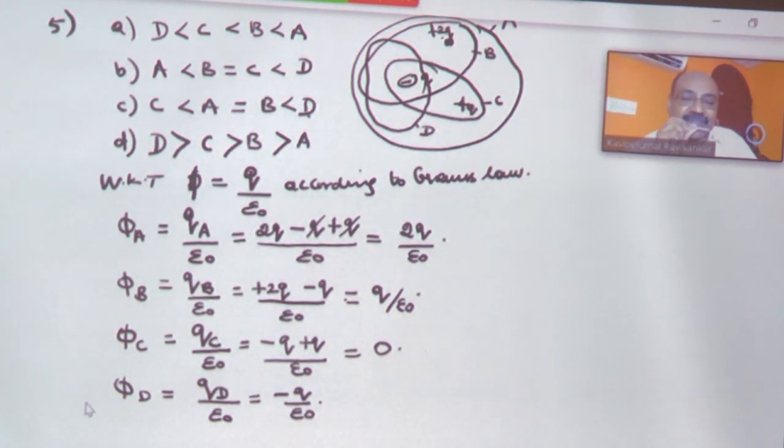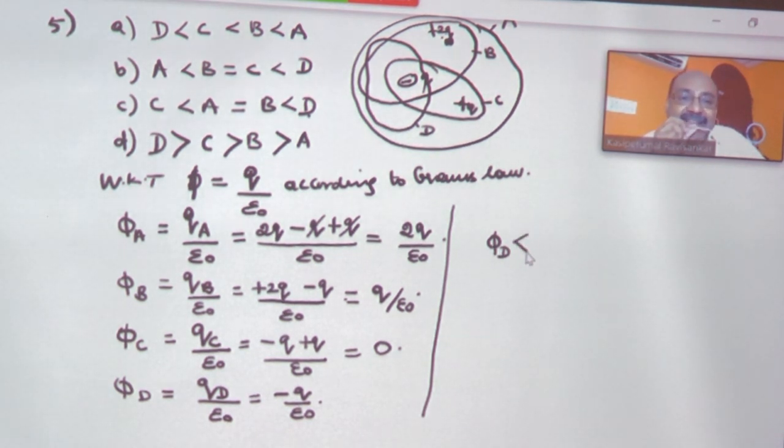Out of these 4, which one is the least quantity? The flux for D is the least value, because it is negative. After that, this value is less than the flux for C, because that is 0.